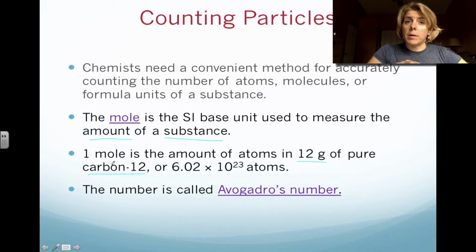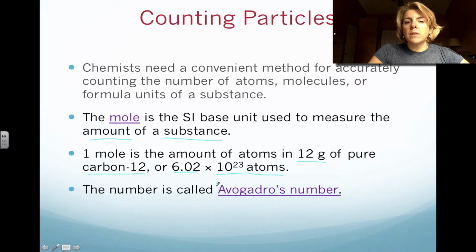In that 12 grams, if we were to weigh it out on a laboratory scale, you would find that it amazingly contains 6.02 times 10 to the 23rd atoms. That is a massive number. So as you can tell, the counting gets to be very extreme. And that's why we have to have such a very large unit that we use for counting particles.